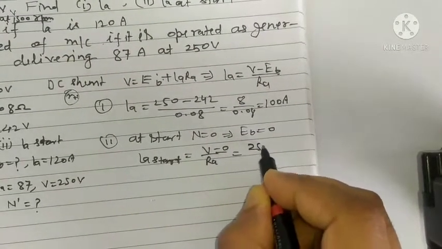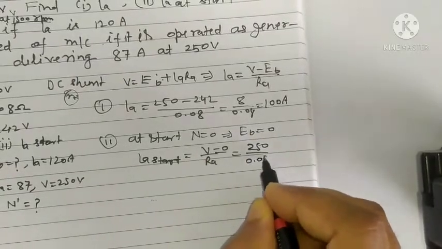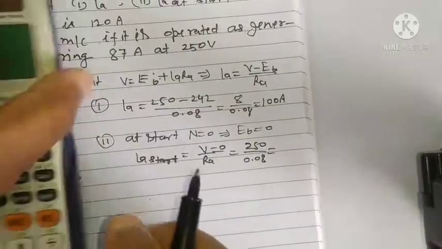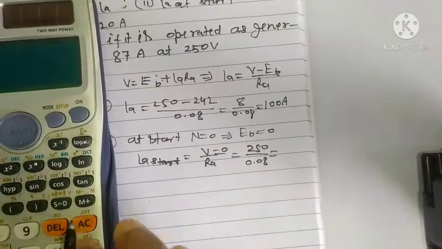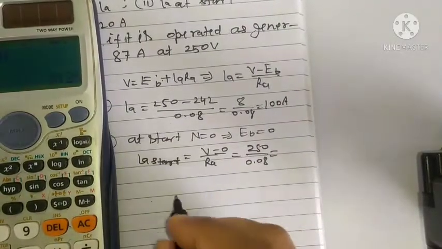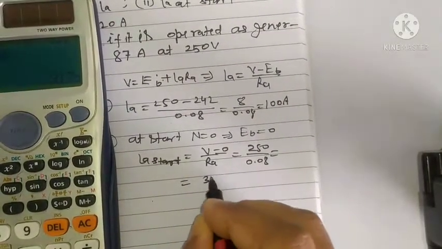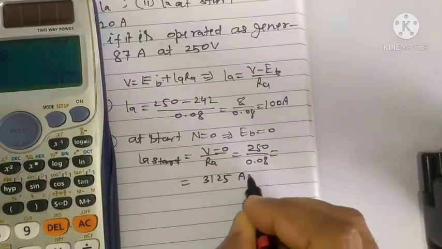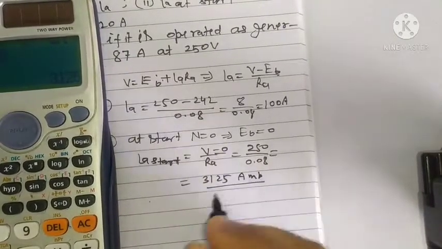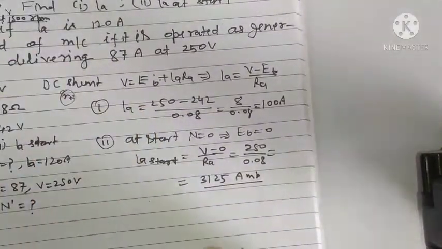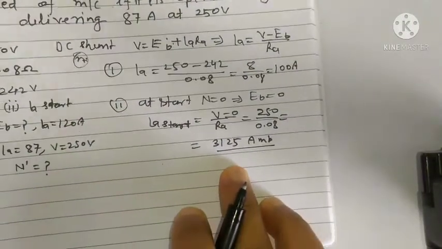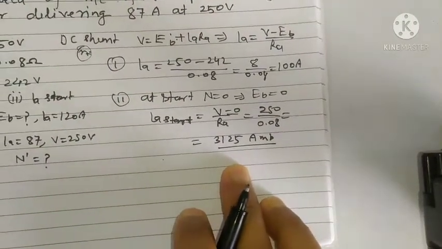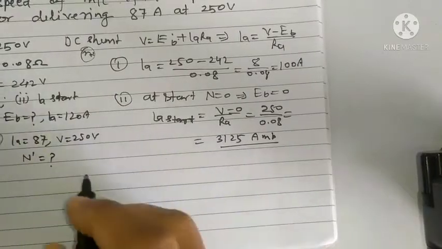V is 250, so 250 by 0.08 comes as 3125 ampere, a huge current. Starting current is very high, right? And this current must be limited, otherwise it will damage the machine.